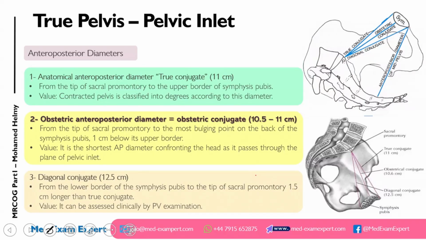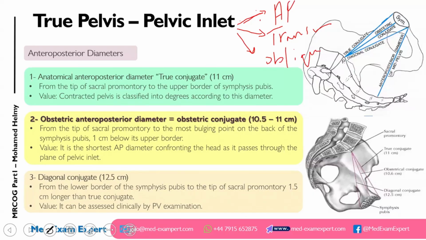Now we are still talking about the pelvic inlet, or the pelvic entrance. For the pelvic inlet, we have three types of diameters. We have anteroposterior, transverse, and oblique diameters.